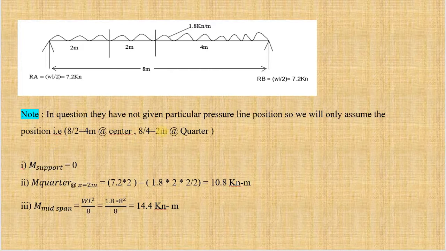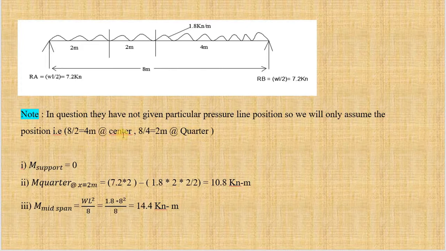They have not mentioned the E value or the pressure line position anywhere. So I am assuming 2 points: one exactly at the center, and one exactly at the quarter of the span.